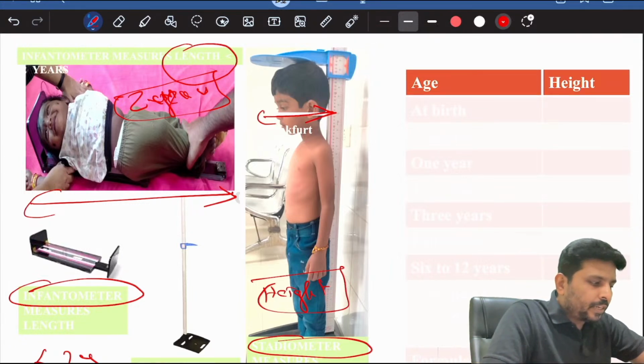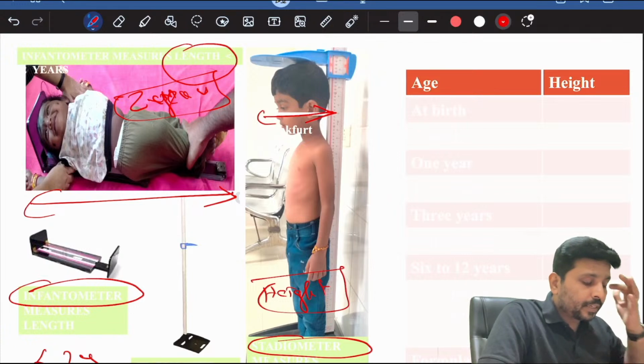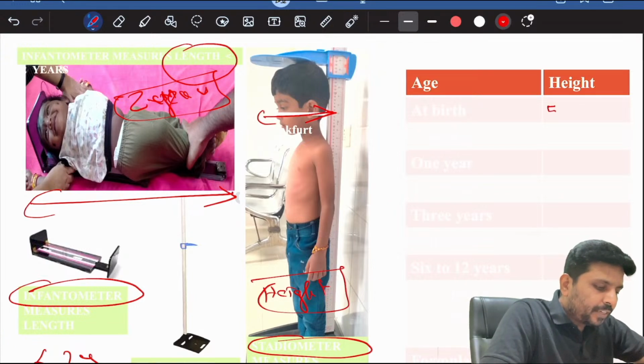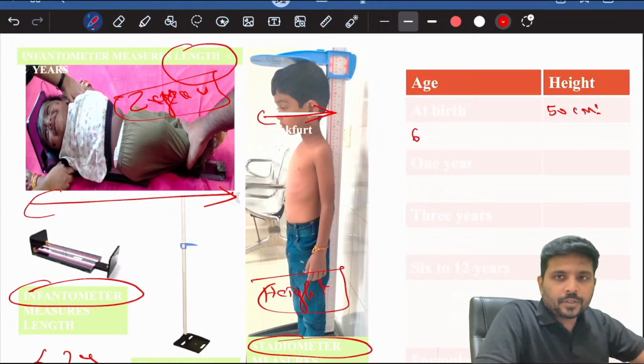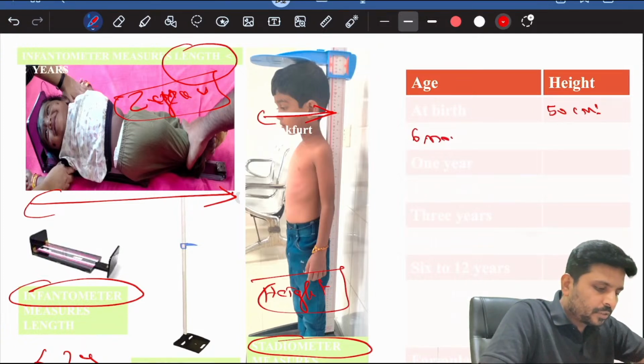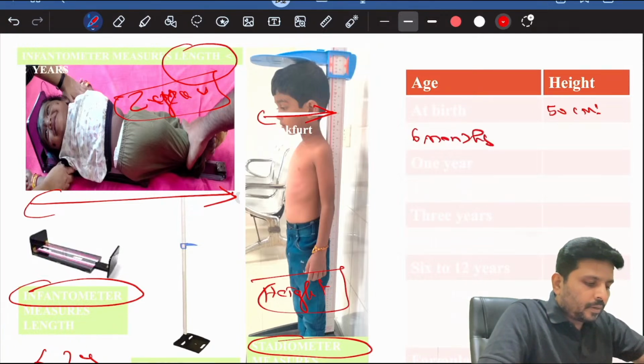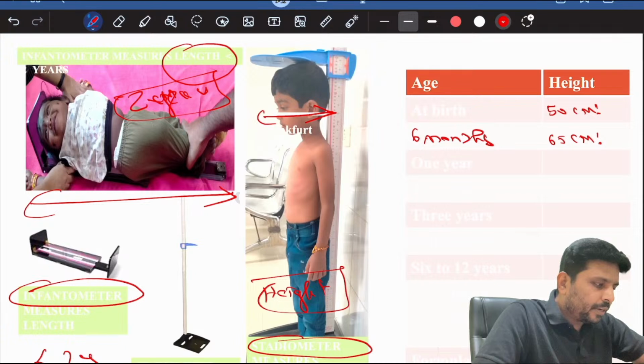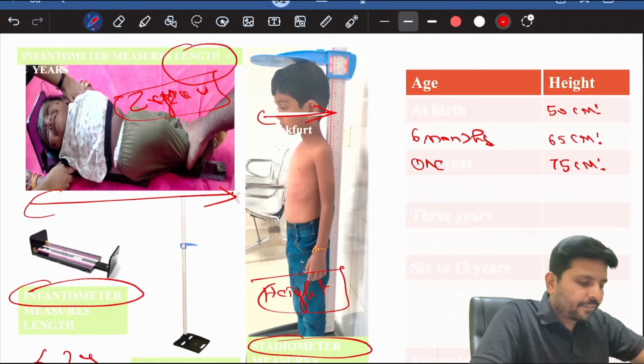At birth, a child is usually 50 centimeter. By about 6 months, the height is around 65 centimeter. By about 1 year, it is around 75 centimeter.